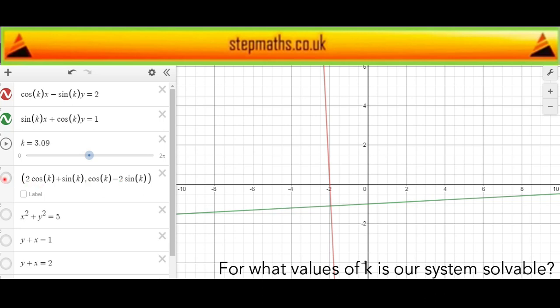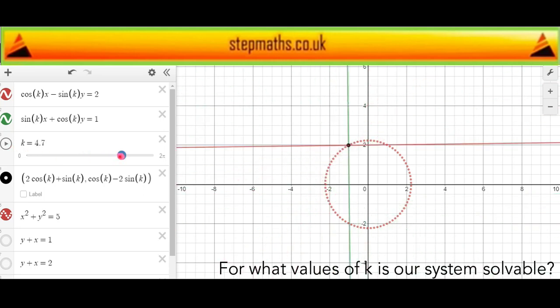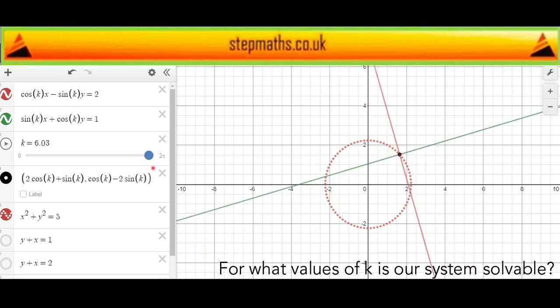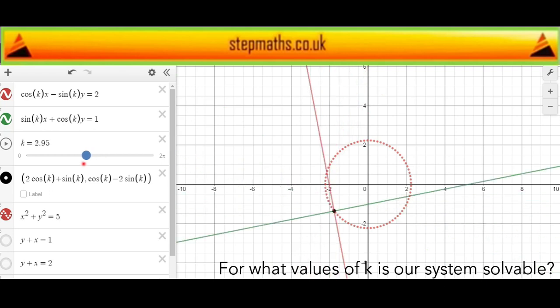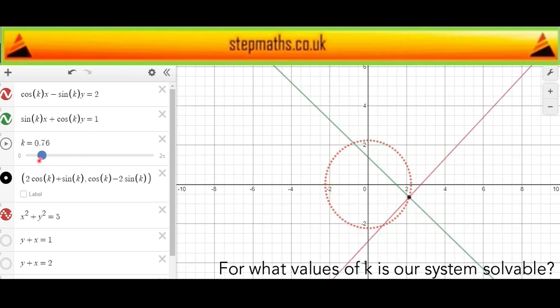So let's mark this point on, and with a little bit of algebraic manipulation using the fact sin squared plus cos squared is 1, etc. If we plot this circle in the dashed line and vary k now, we see that the intersection point actually moves around the circle x squared plus y squared equals 5. Which is a very nice feature of these equations. And so we have our solution that for all k in 0 to 2 pi this system's solvable.